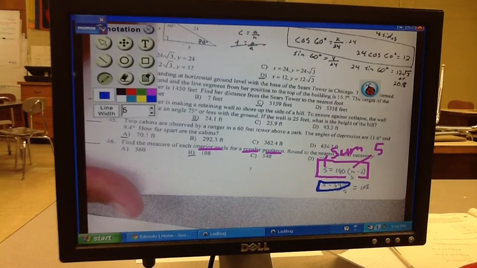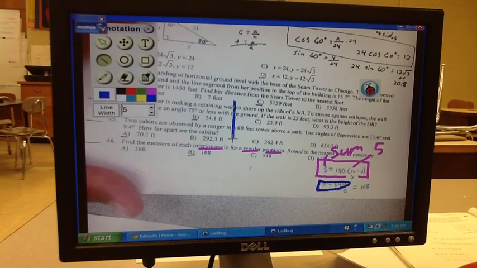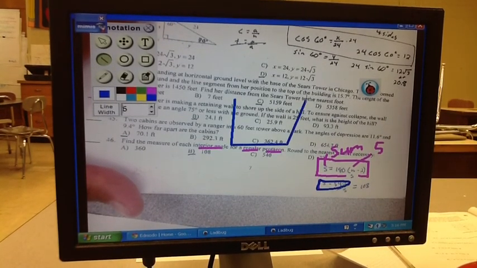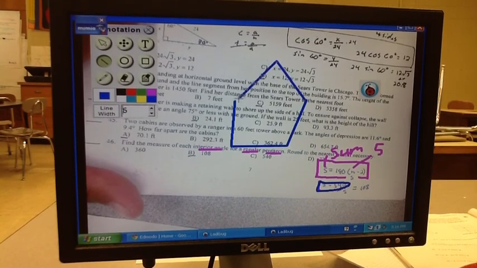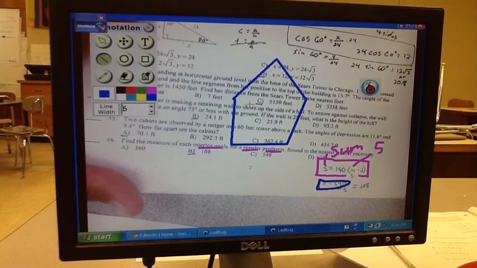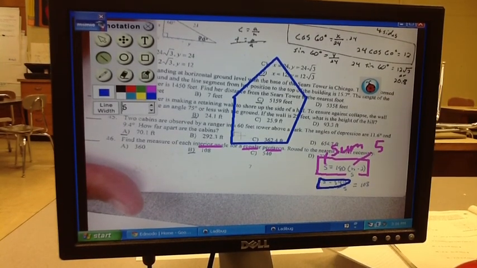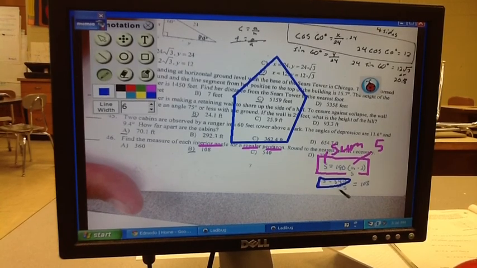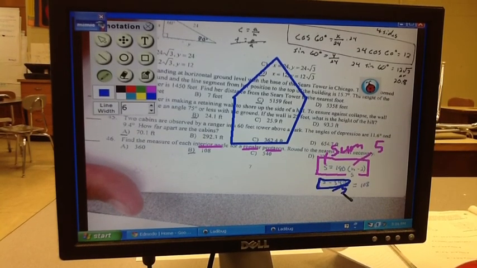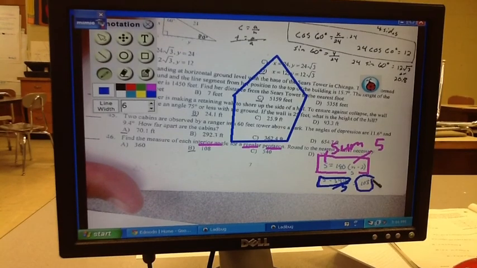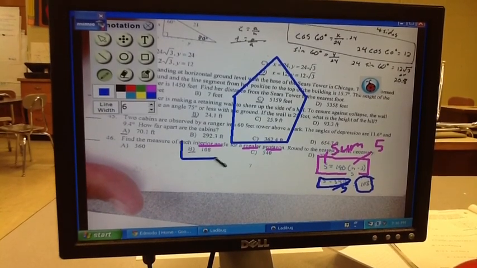Remember, that's all the angles on the inside. If we drew a quick pentagon, it's an ugly pentagon, but just imagine that all the sides are the same. The total of all the insides is 540. We want to know what one interior angle is. So I divided that by 5. Ended up being 108 for one interior angle. That's what it ends up being.